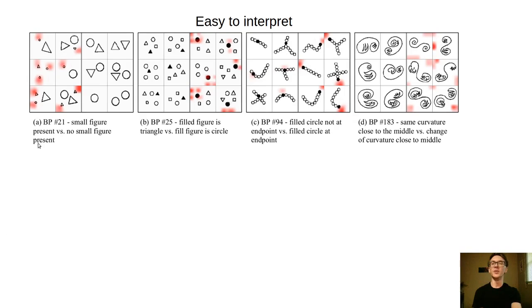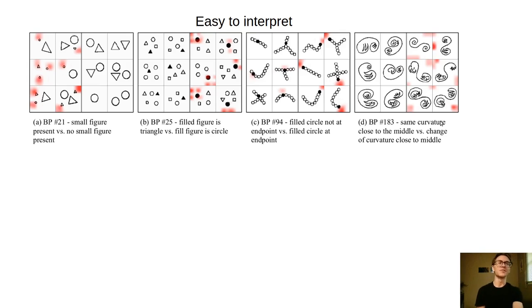For example, in BP number 21, we see that on the left, it highlights all of the small shapes. And indeed, the rule for this problem is on the left there are small shapes, and on the right there are no small shapes.